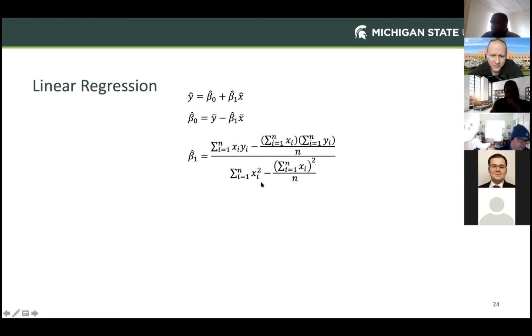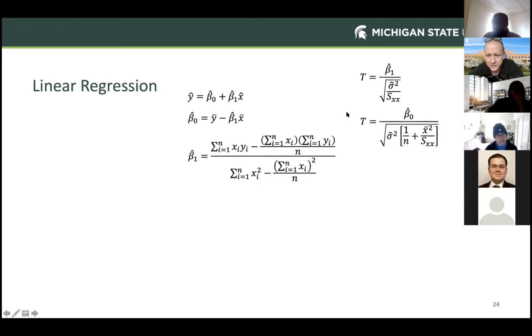This is basically just the total sum of squares for X, analogous to what we had seen on the preceding slide for ANOVA. And the numerator is showing us the covariance between X and Y, essentially how those change together versus the corresponding unit change we would see in X.